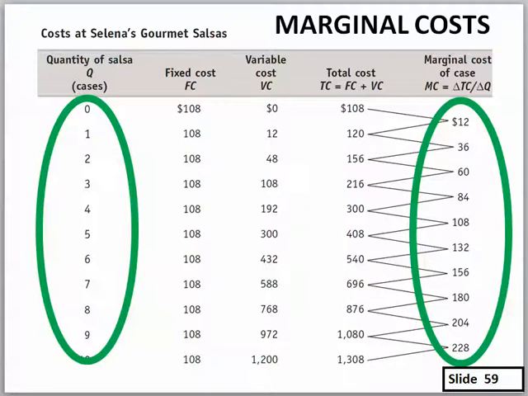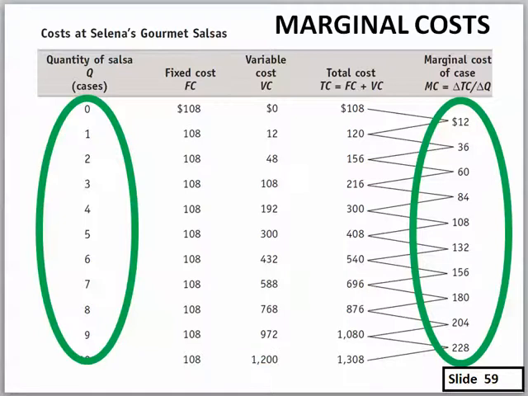Case 100 had a total cost of 120, and case 200 in this example would have a total cost of 156. That would give us 36 for the marginal cost of the second 100 cases.